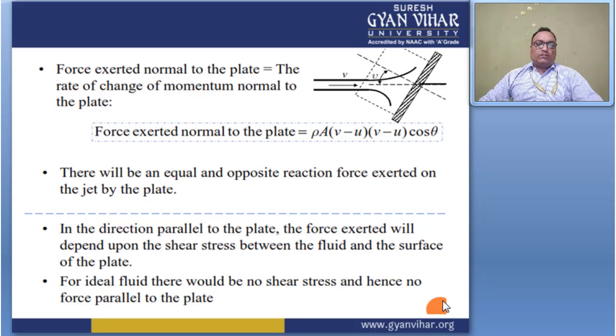So this is the case of a fixed plate, and if the plate is moving, what will be the effect? This type of concept is also used in turbine blades. If water is striking the turbine blades, how is energy created, and how much momentum will it create? These concepts are associated with turbine blade theory.